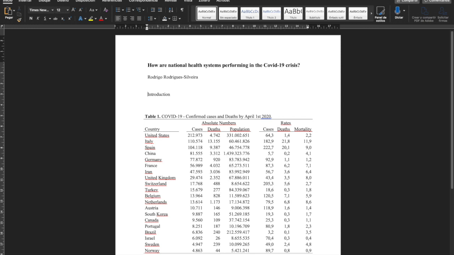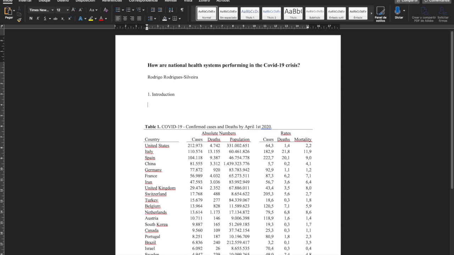Introduction. You always need to structure your presentation. The first thing in any academic text is the introduction.